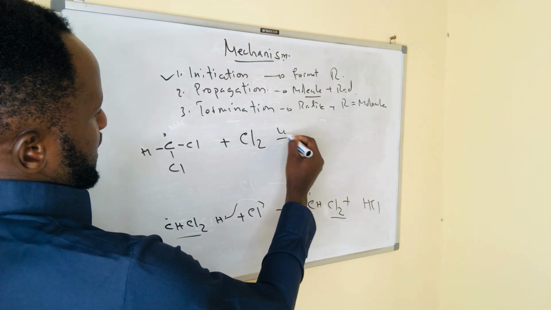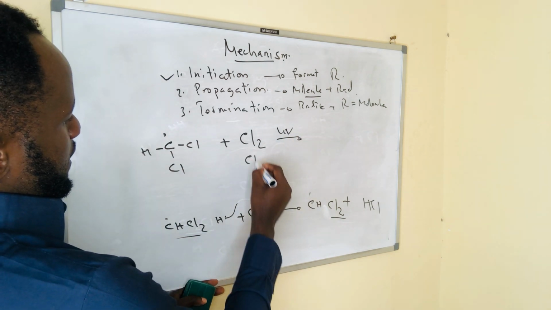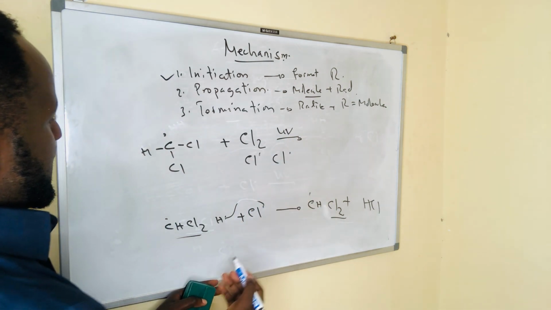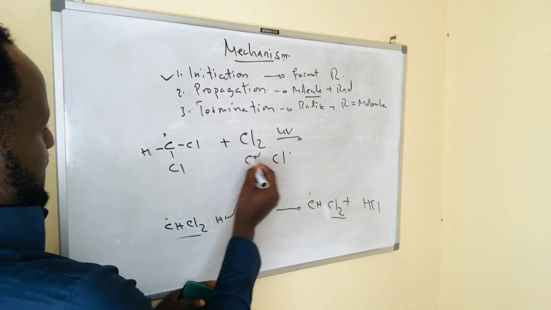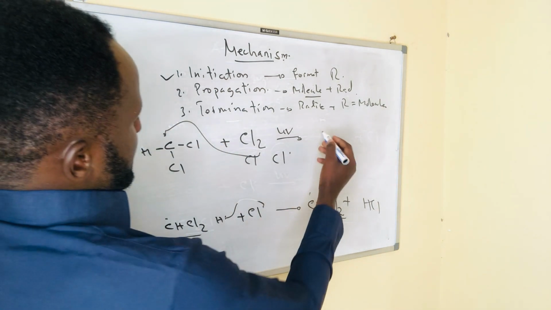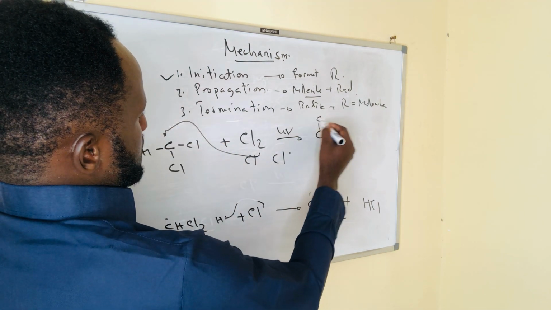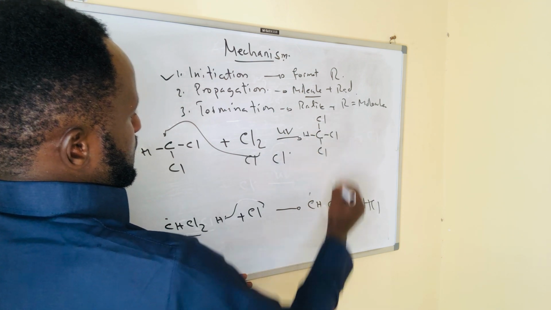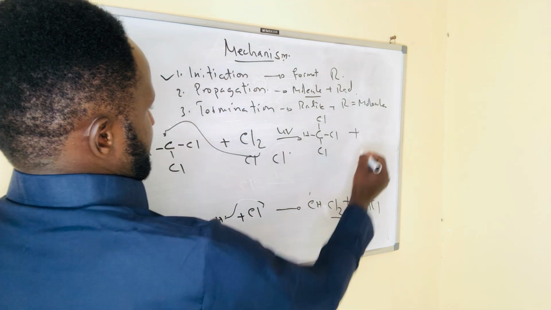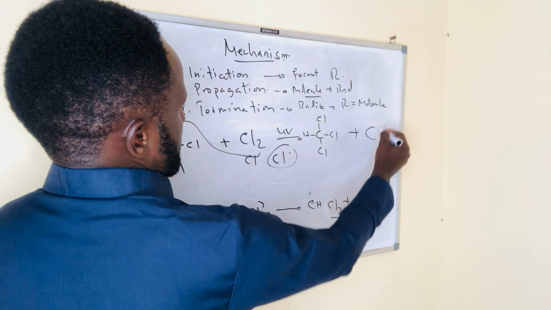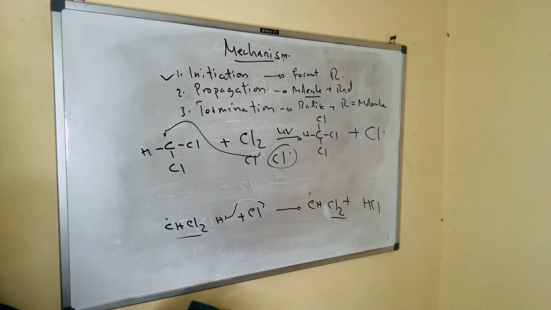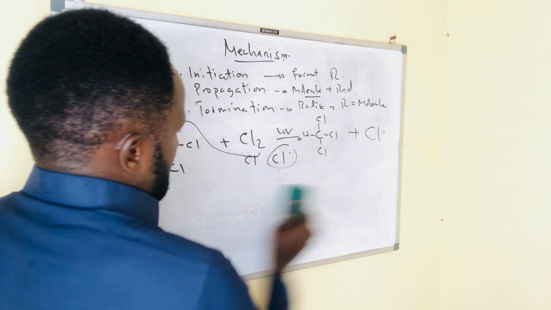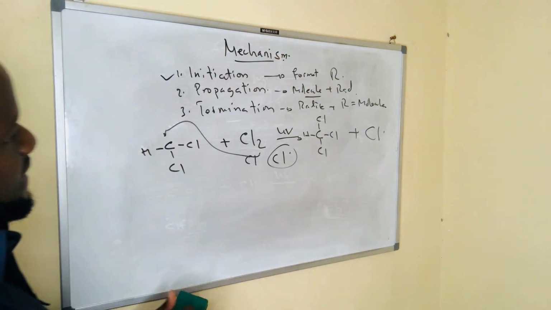And then you put here chlorine radical. So this radical will come at this point, and then you will have carbon, chlorine, hydrogen, chlorine, plus this radical you put here.